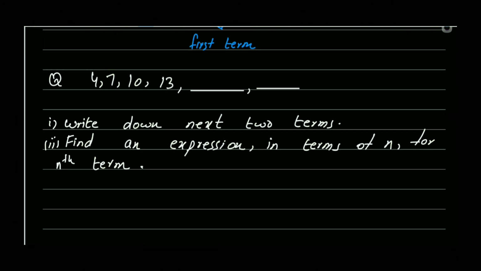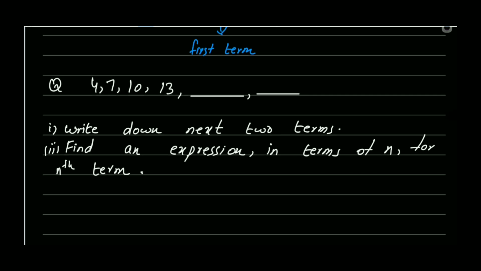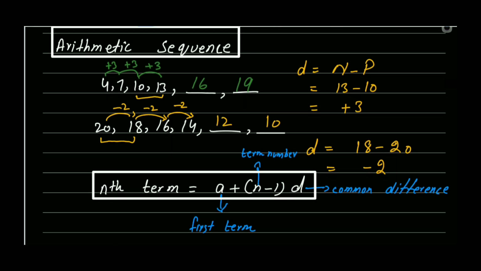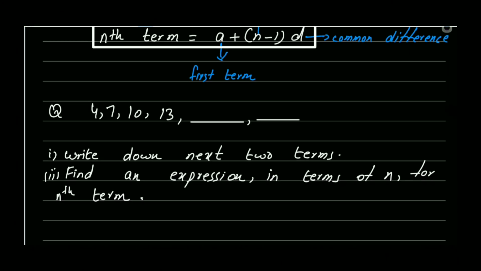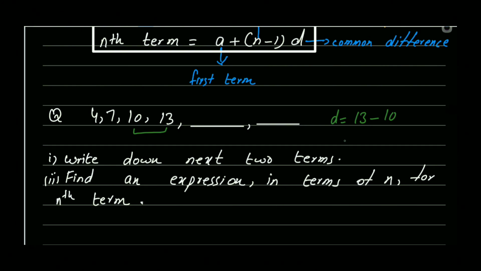Okay. So for the first part, as I have explained above how you have to find the next terms, we will use the same method. First of all, we will find the difference of this sequence. If we take these two numbers, the difference is next minus previous, which means next is 13 and 10 is previous. 13 minus 10 is 3, positive 3.